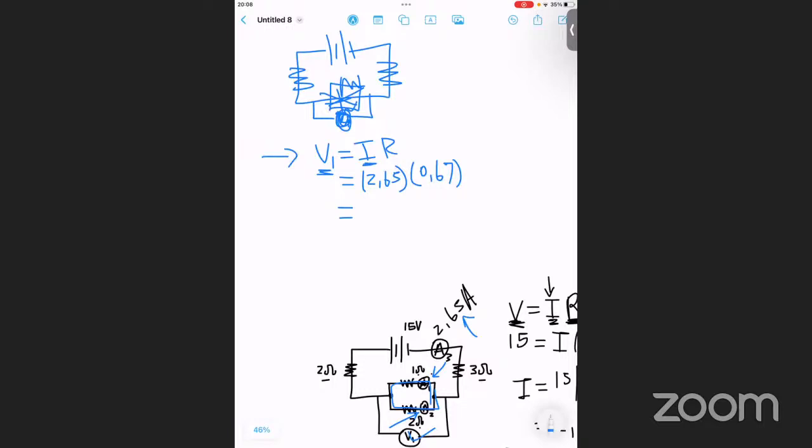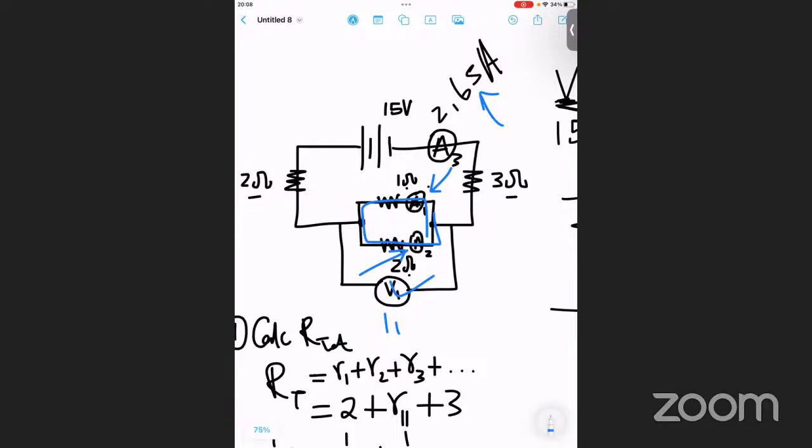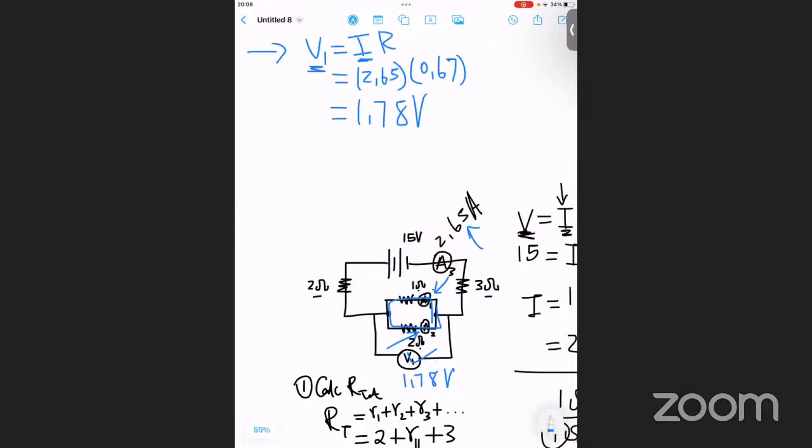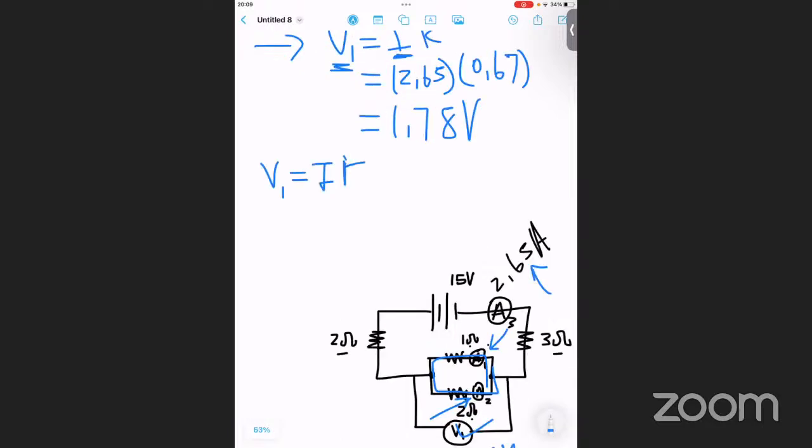2.65 times 0.67, this is what I'm getting, 1.78 volts. Then now you can use that V1 to calculate the reading on ammeter 1.